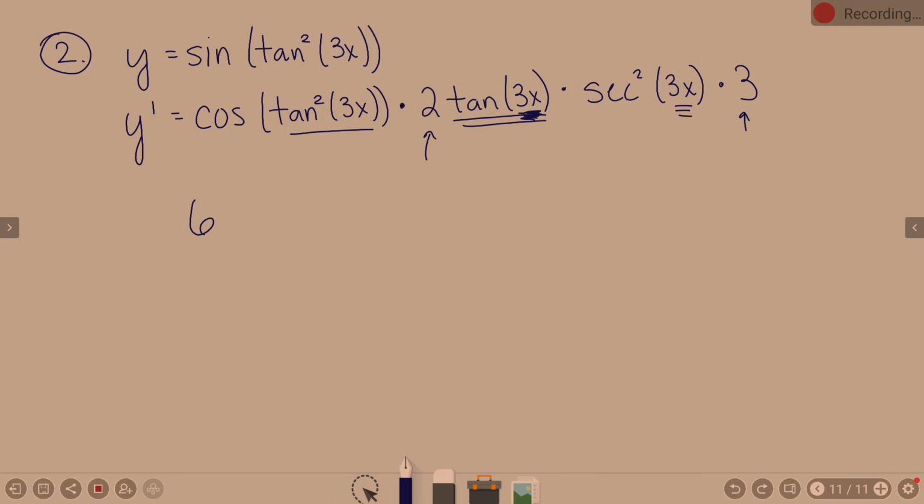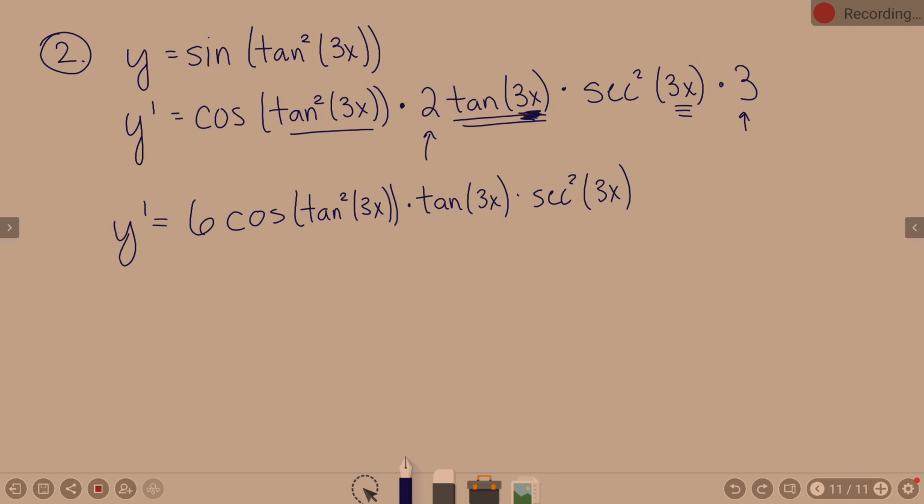I'll be honest, other than that, there's not a lot of cleanup there. Did I do anything else? Yeah, not really. Just 6 cosine of tangent squared of 3x times tangent of 3x times secant squared of 3x. You're learning the importance of knowing all your trig derivatives, right? They keep popping up randomly, don't they?